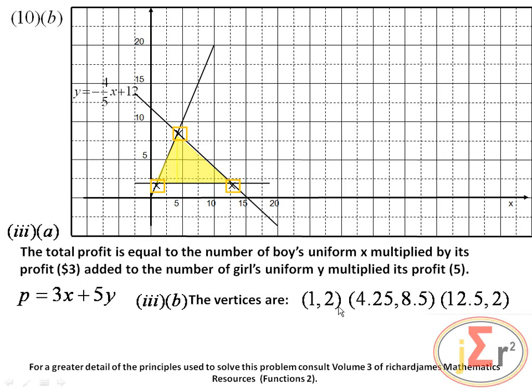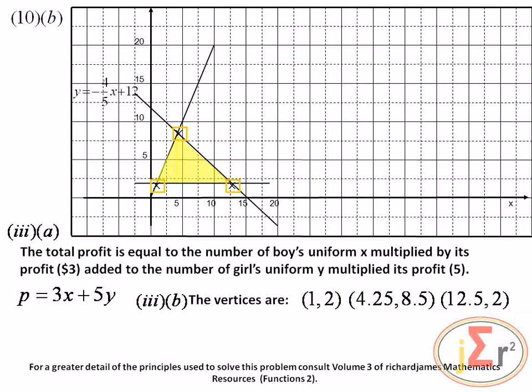Therefore, for the minimum, this vertex will give less than this. Also, over here we have 1 is less than 12.5 and these two are equal. So, these two ordinates will contribute the same value. But this one will contribute a value that is less than this one.